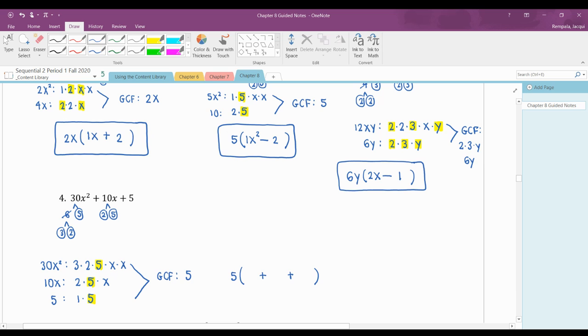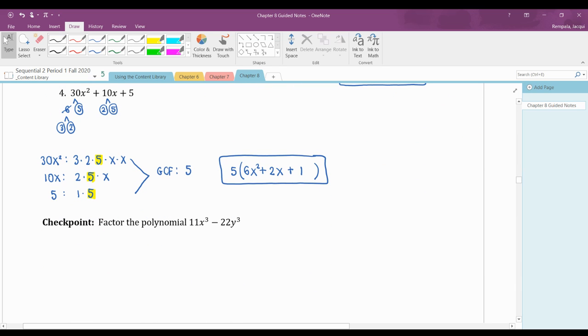I'm multiplying those back together. 2 times 3 is 6. X times x is x squared. In the middle row, what wasn't highlighted? Well, 2 times x, so 2x. And then what wasn't highlighted in the last row? Well, a 1. And so this would be my answer.